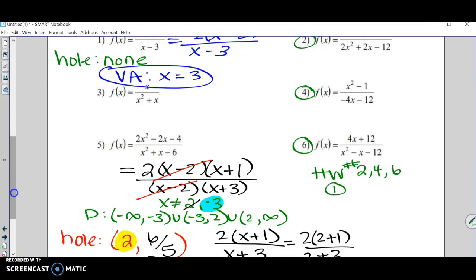You need to find the domain, if there is a hole or not, and the third one is what we just learned: VA, vertical asymptote, okay? You are finding each of those 3 with each of those homework questions. You now have the videos, you have examples. I've worked out all 3 of them in this example, so that is your homework that will be checked next class, okay? 3 problems.